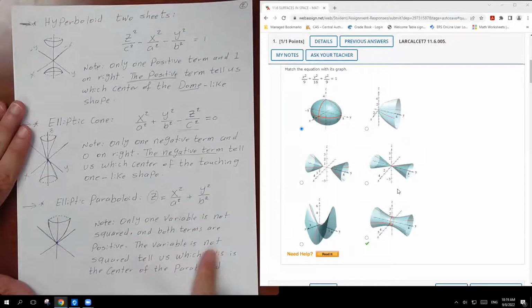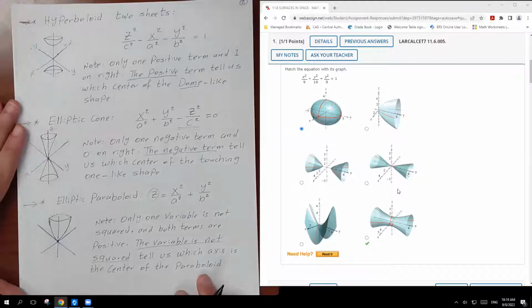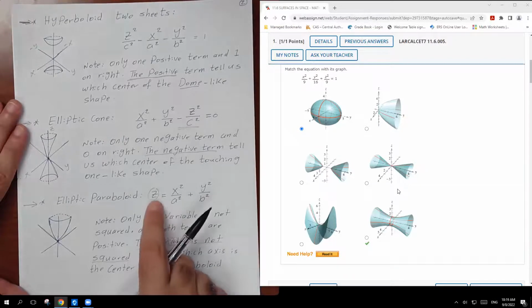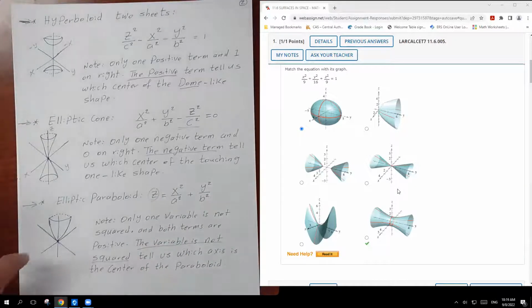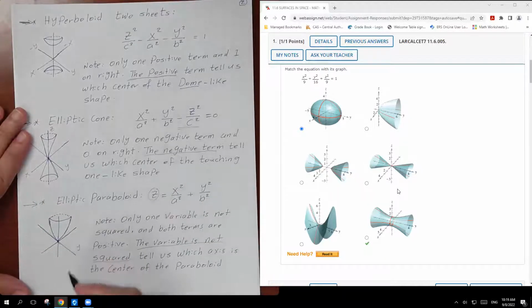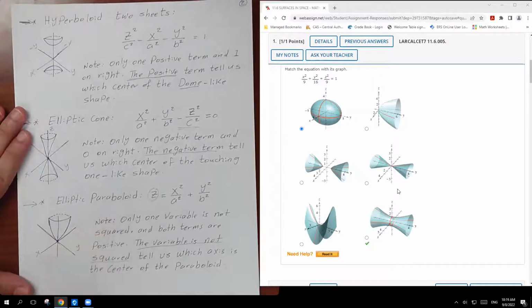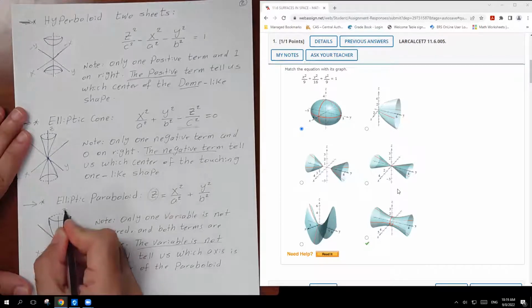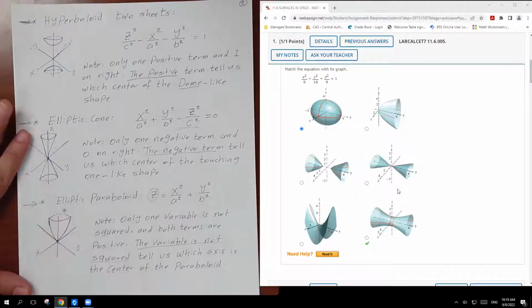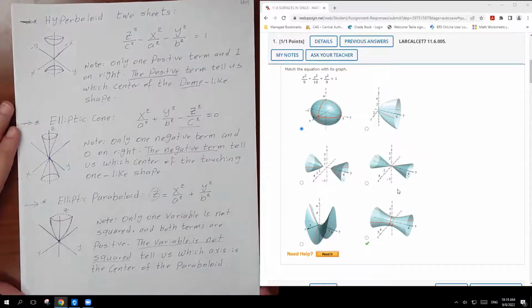The variable that is not square tells us which axis is the center of the paraboloid. If it's y, it's going to be on the y coordinate. If it's x, it's going to be on the x coordinate. If it's negative, on the negative side. Now it's a z, so it's going to be on the z coordinate. Write down these.